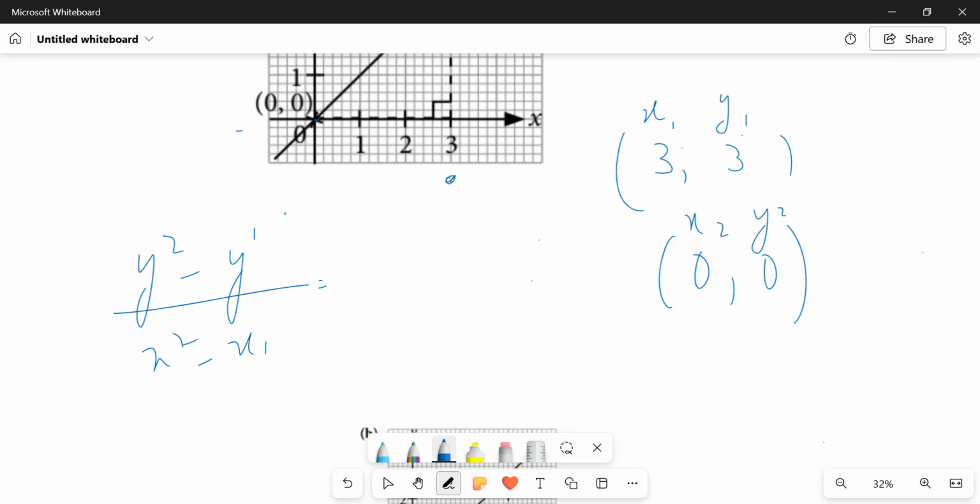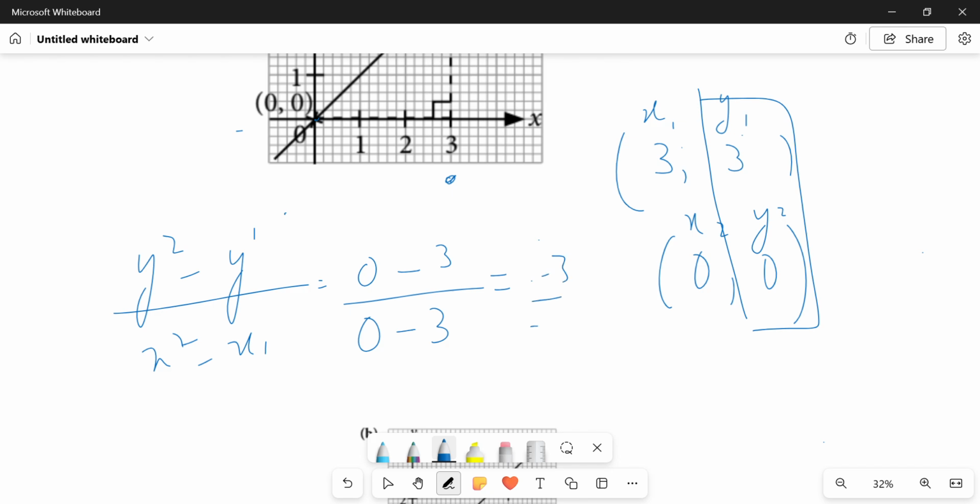So y2 here is 0 minus 3. See, these are the y values, right? 0 minus 3. And the x value is 0 minus 3. Both are the same. So the answer for this one is 1.